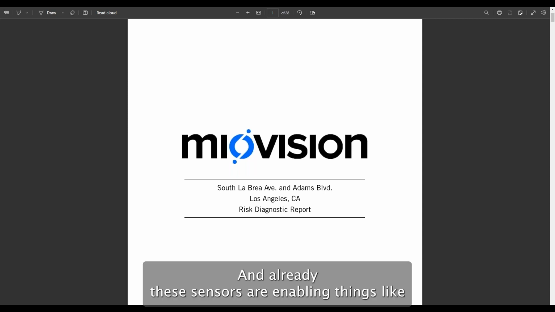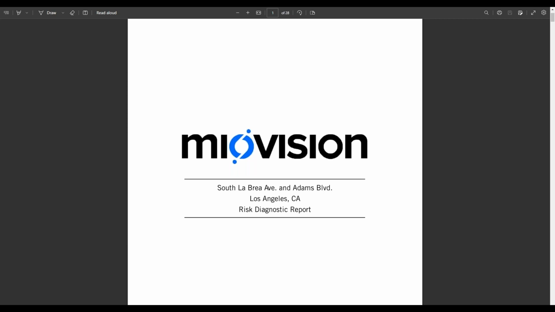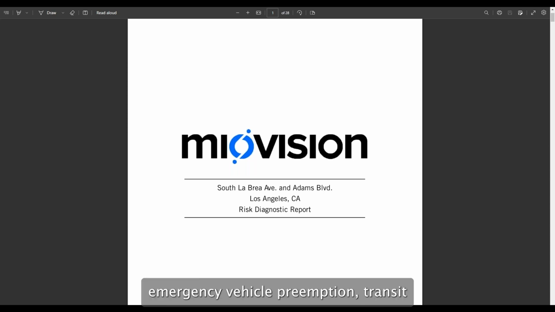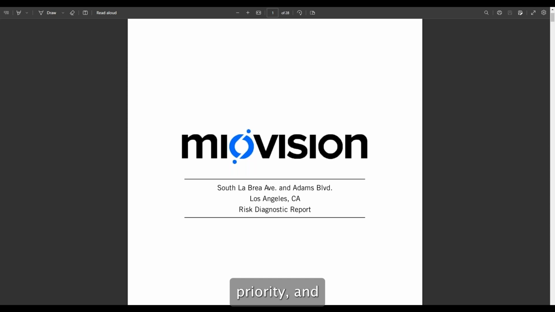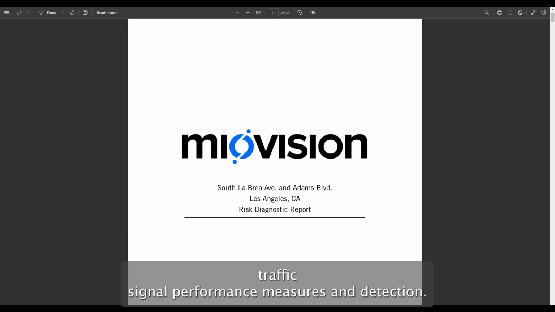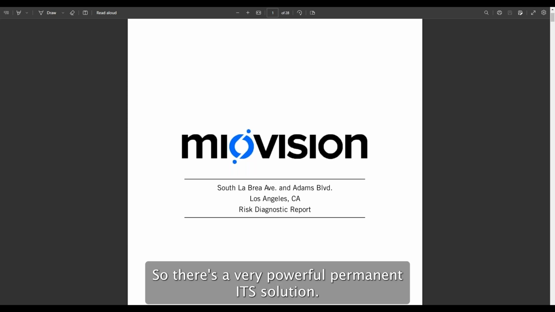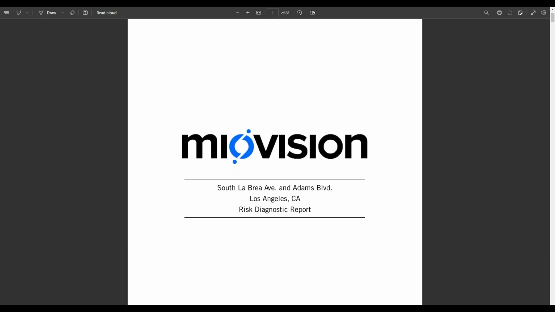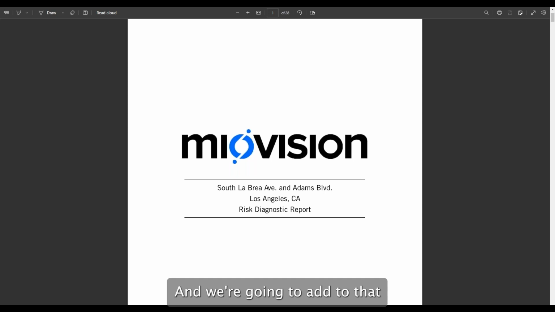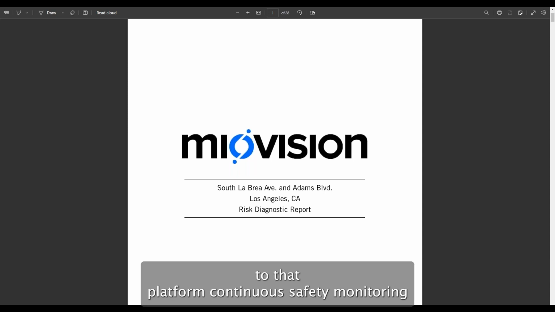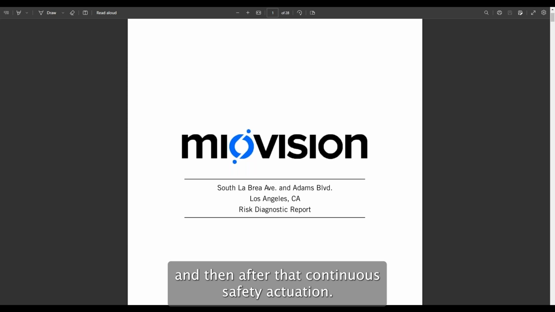Already these sensors are enabling things like adaptive signal control, emergency vehicle preemption, transit priority, and traffic signal performance measures and detection. So there's a very powerful permanent ITS solution, and we're going to add to that platform continuous safety monitoring, and then after that, continuous safety actuation.